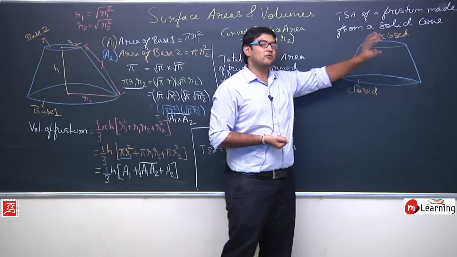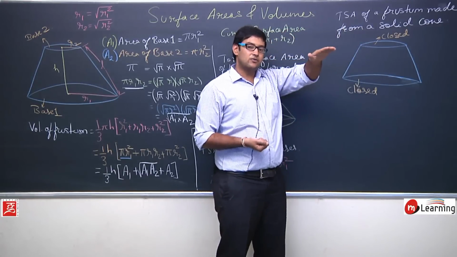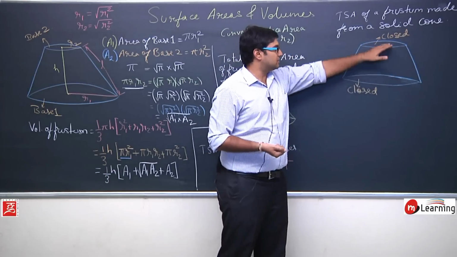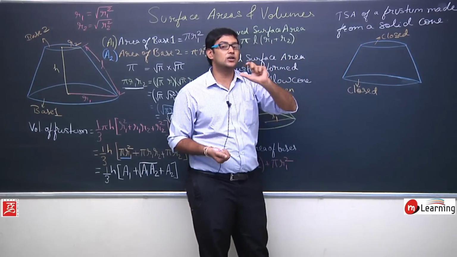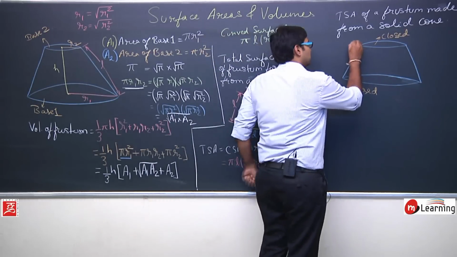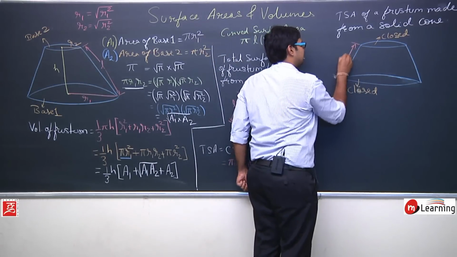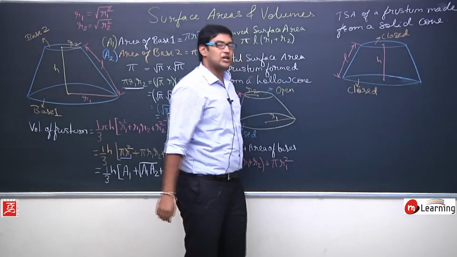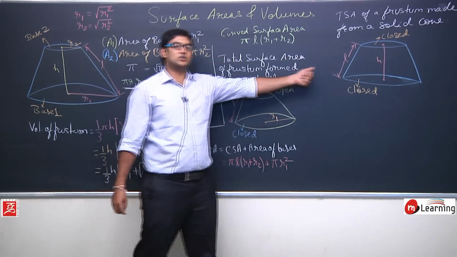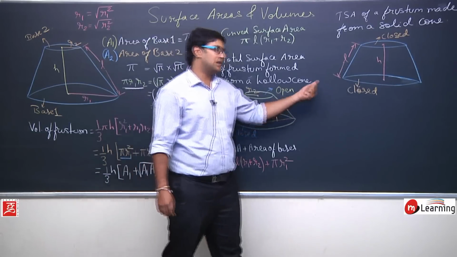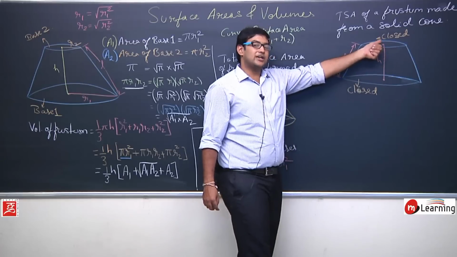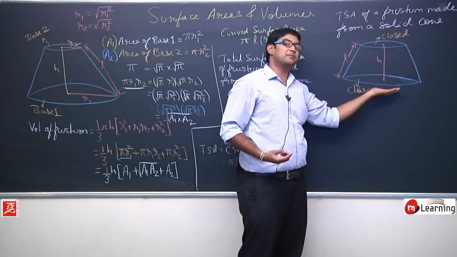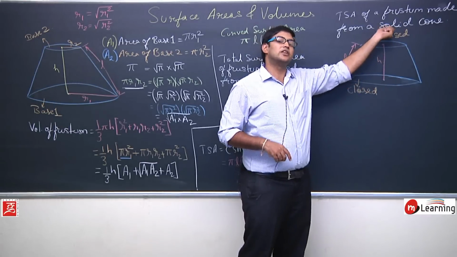You made this frustum from a wooden cone, you cut it from this height, and you will get this kind of frustum in the manner that this is closed and this is closed, since it's a solid cone. So here also the other parameters will remain the same, that is the slant height L and the height H, but the only difference is that its upper base is closed. So it means if I want to color this frustum, I can color the curved surface area, I can color the base, as well as I can color the top of this frustum.